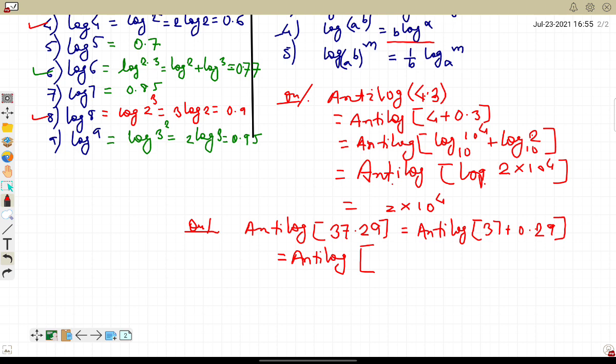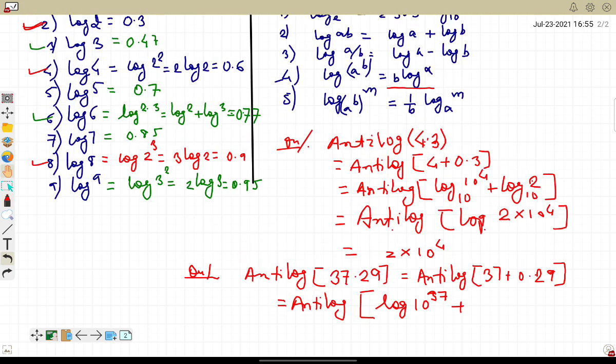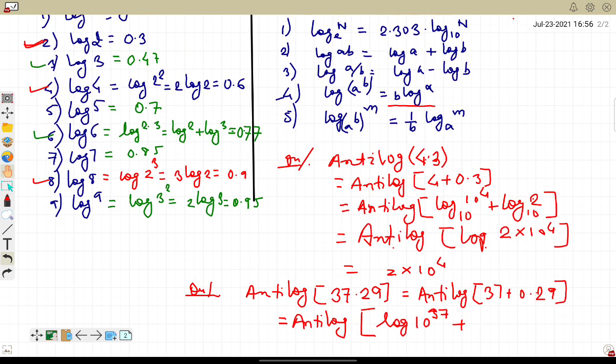So we can write 37 is equal to log 10 raised to the power 37, with base 10, plus 0.29, which is nearly equal to 0.3. So in place of 0.29 we can use the log 2 value here. You can put the value of 0.29 as log 2, no error will come definitely.